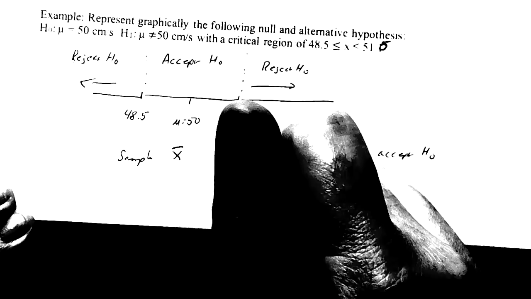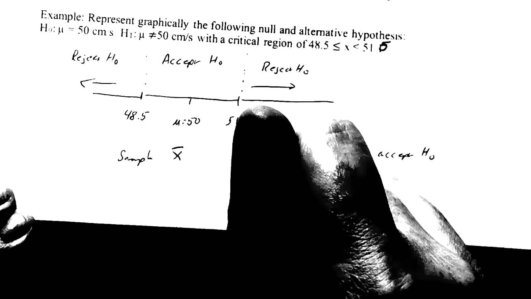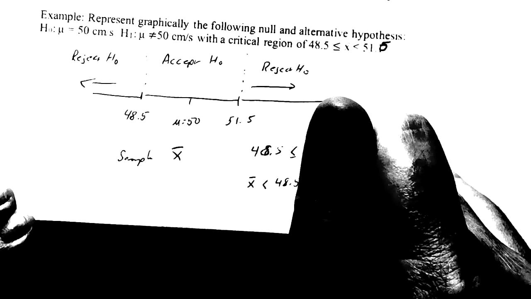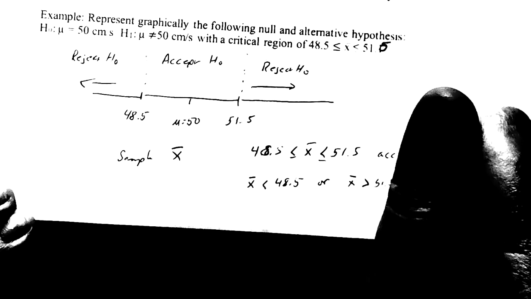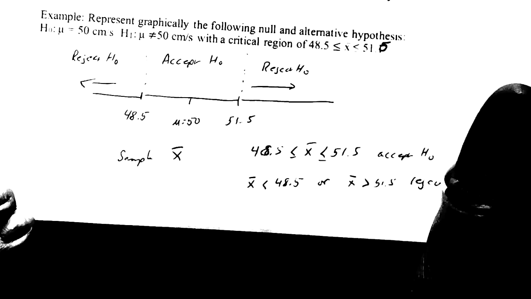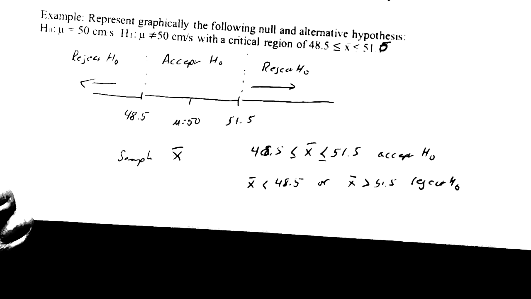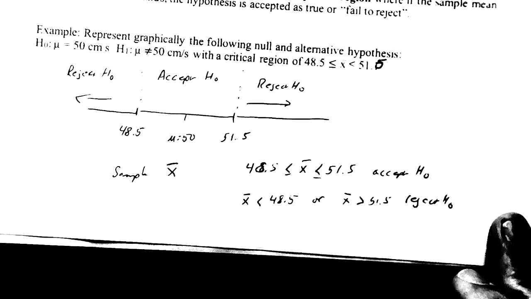But if our X bar is less than 48.5 or our X bar is greater than 51.5, we are going to reject H0. And that is the basic premise of hypothesis testing.